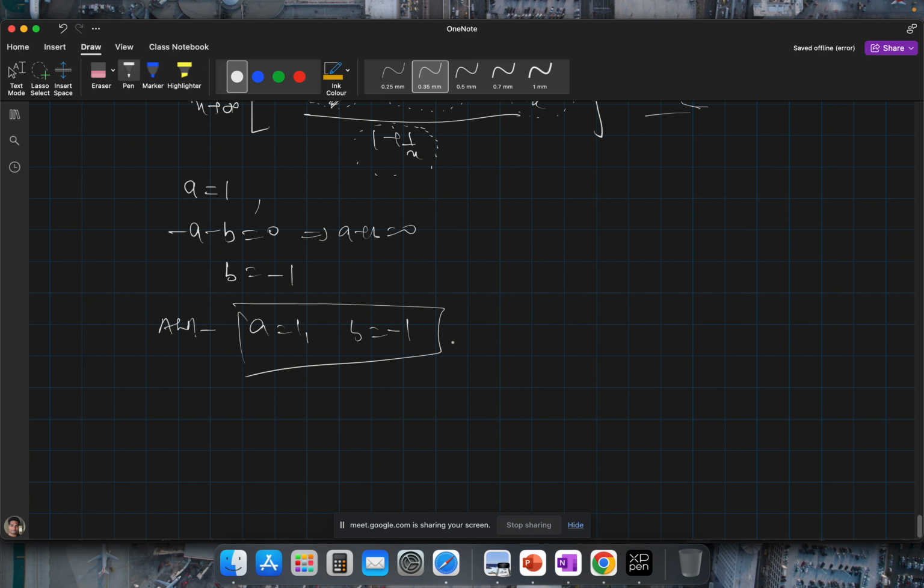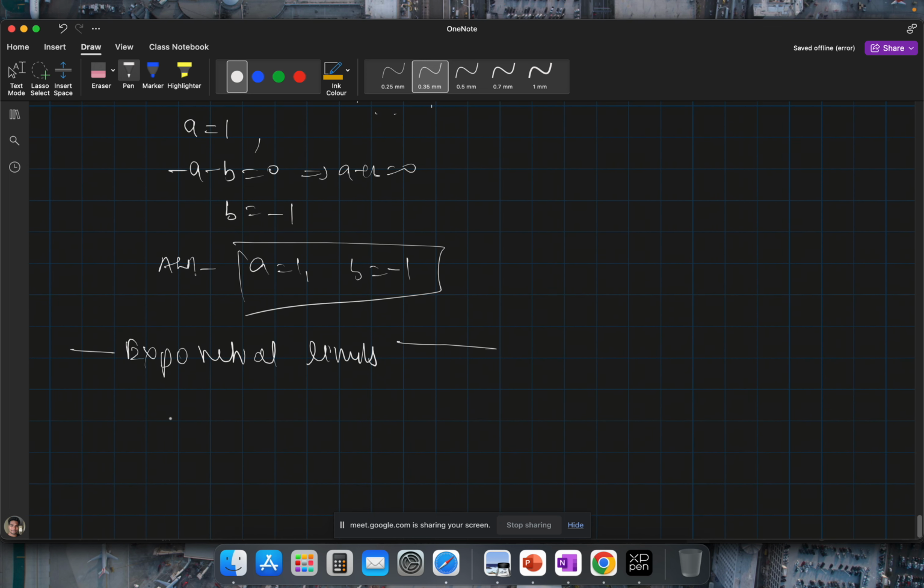Okay, let's go to two more theorems and that's it. We are done. Exponential limit. And that is the 1 to the power infinity form.